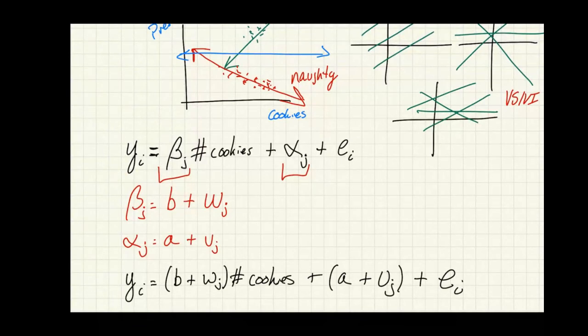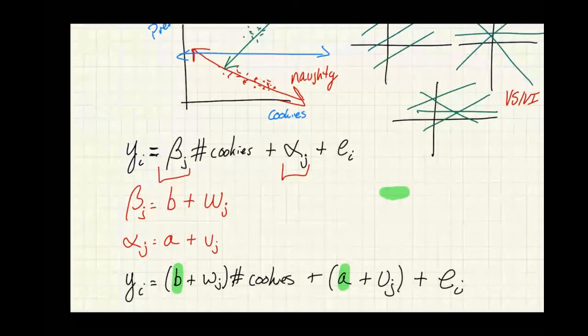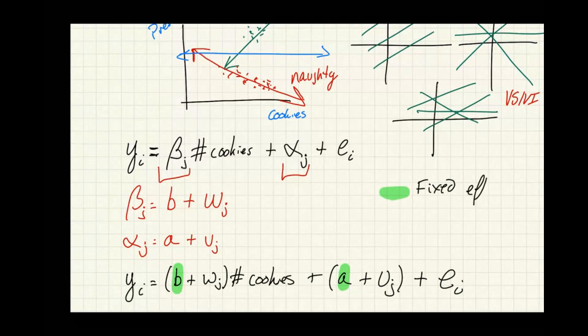In terms of the language of LMER, how you fit it, this and this are the fixed effects. They describe the overall estimated relationship regardless of the group that you're in.